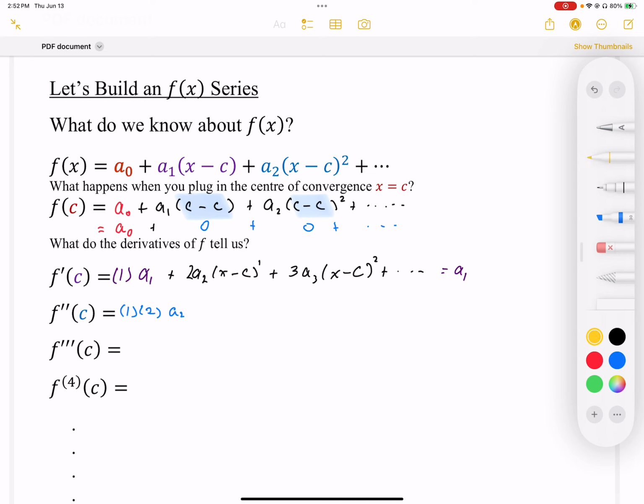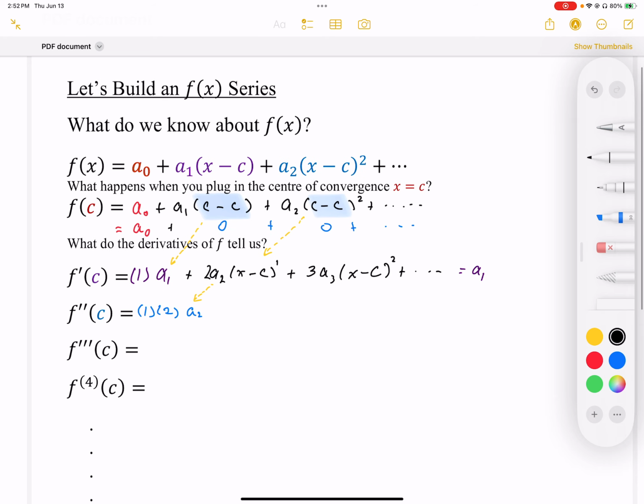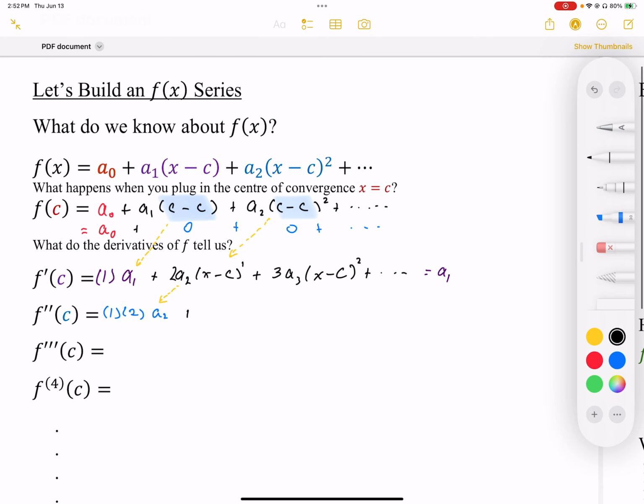Just so that you can track what's going on here, this term is differentiating to that, and in the previous step, that term differentiated to that, etc. So we have that term worked out, plus, and that becomes the power 0 because of the power rule, plus 2 times 3 a3 (x minus c) to the power 1, plus the next term.